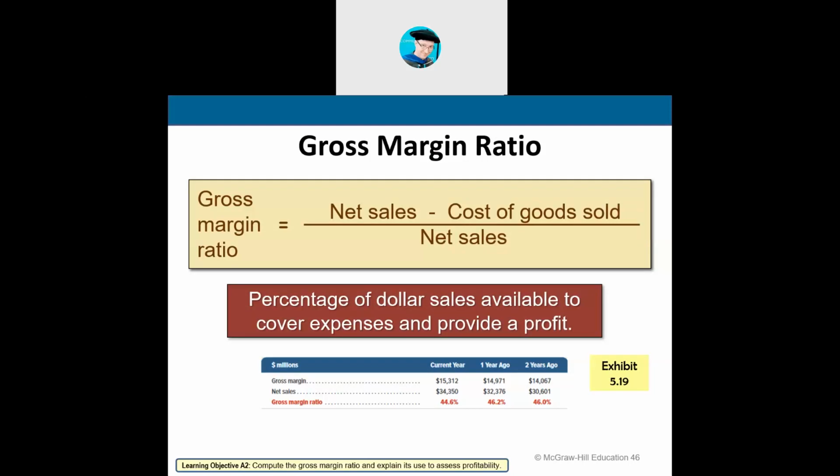Net sales minus cost of goods sold gets you to your gross profit, right? And so gross profit divided by net sales is the ratio. That's why we see it twice. Okay, thank you. Great question.